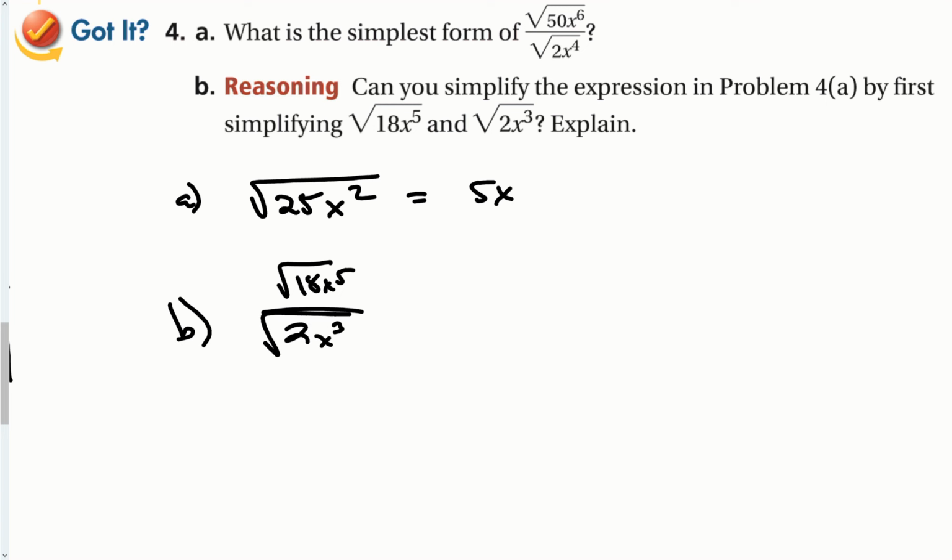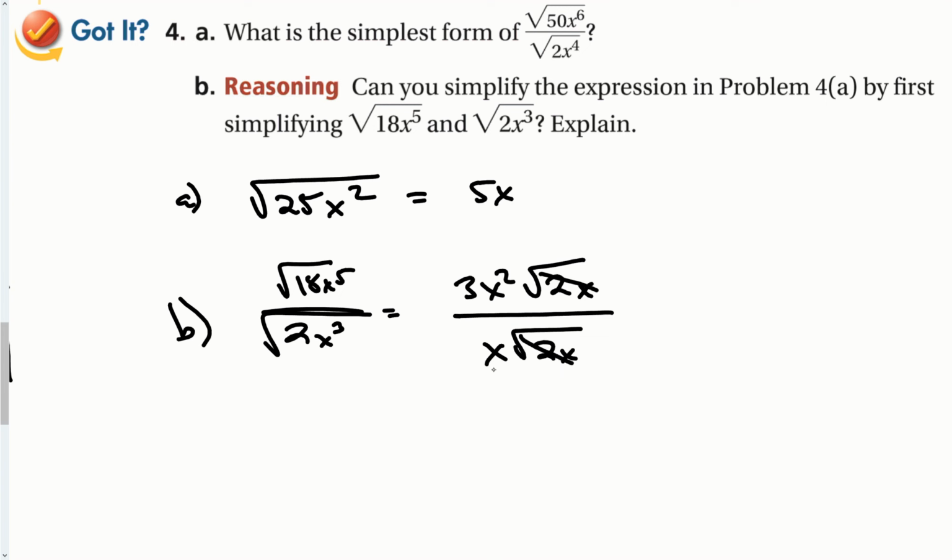I could have simplified the square root of 18 into 9 times 2, which is 3x squared square root of 2x over square root of 2x. That doesn't simplify, but I could simplify this into x square root of 2x.